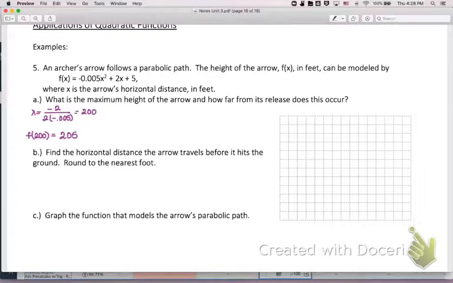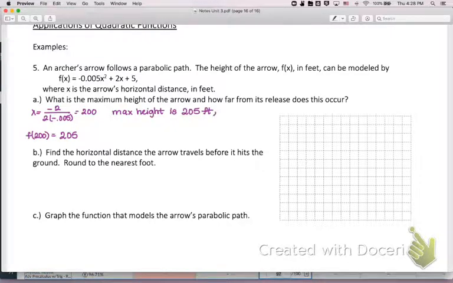All right, so using x equals negative b over 2a, I get 200 for x, and then f of 200 gives me 205. So what that means is that the maximum height is the f of x value. So that's going to be 205 feet.